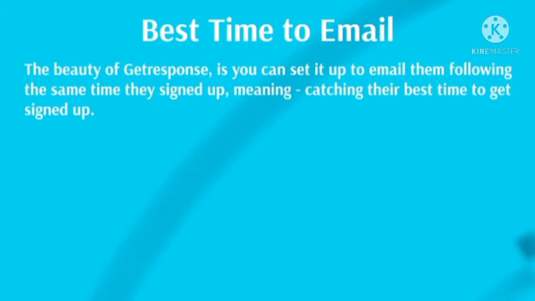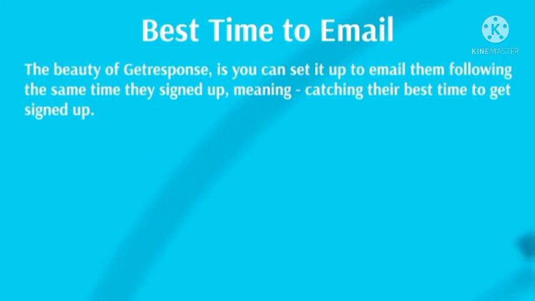So let's say, for example, that one of your subscribers signed up on Wednesday at 3 p.m. What GetResponse will do is detect that, and you could set that within your autoresponder system and say, okay, email them every day at 3 p.m. or every week on Wednesday, 3 p.m.